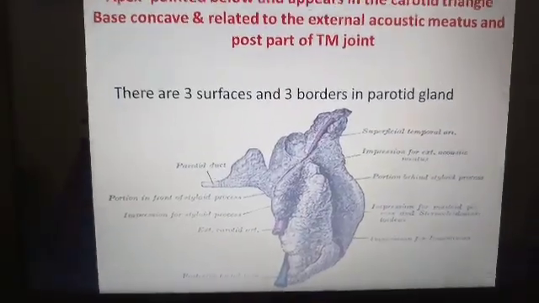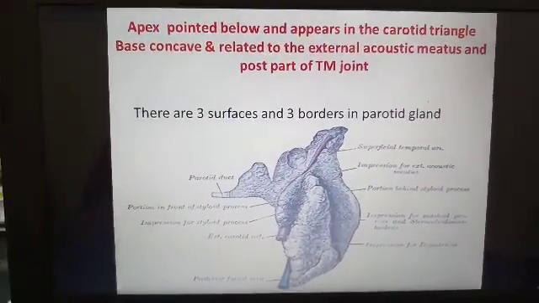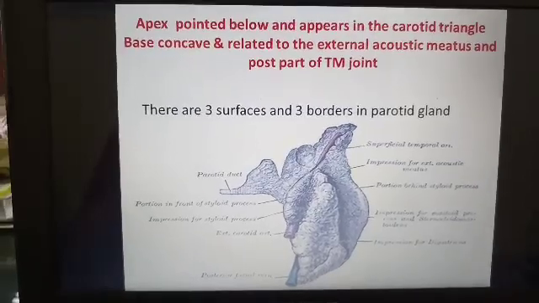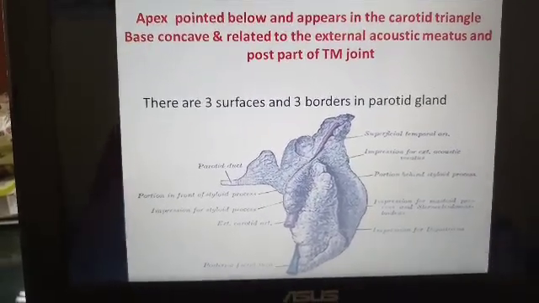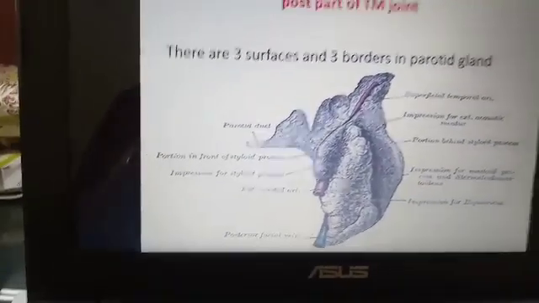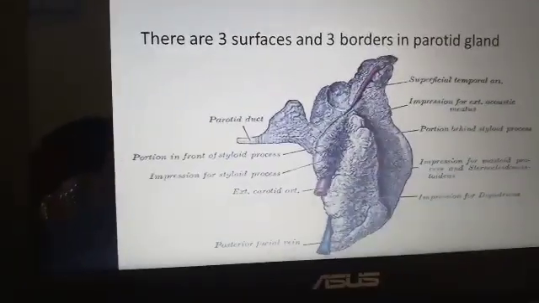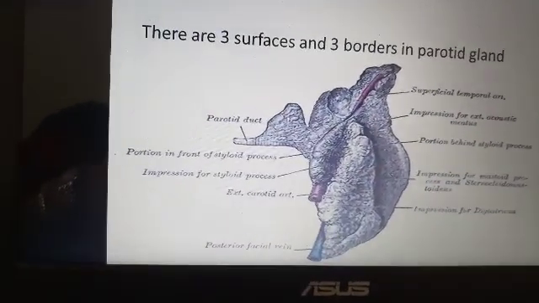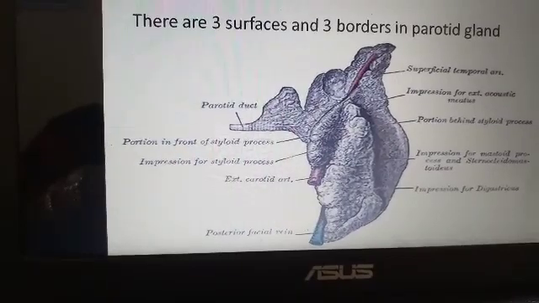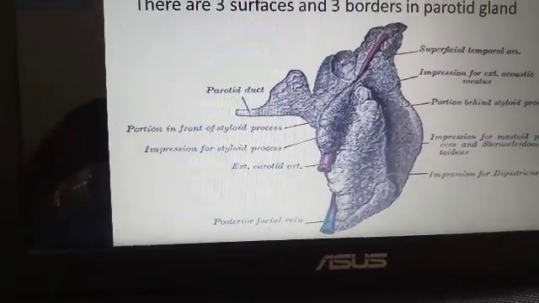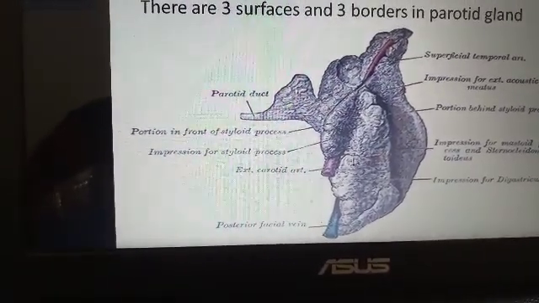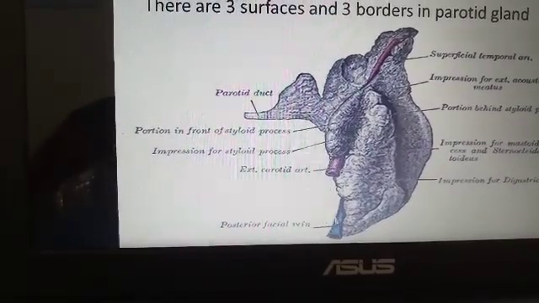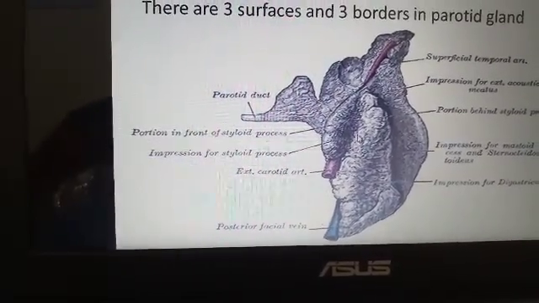Now, as we have seen the viscera of the parotid gland, let us just recapitulate some points of the visceral impressions and the surface features. We have already told that there are 3 surfaces and 3 borders in the parotid gland, and as you can see, this is the medial surface of the gland.